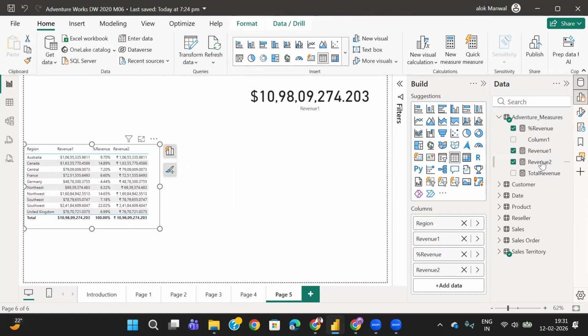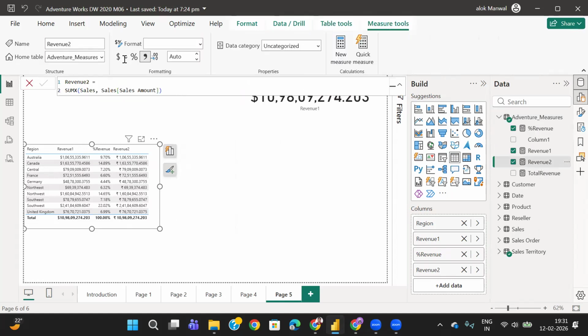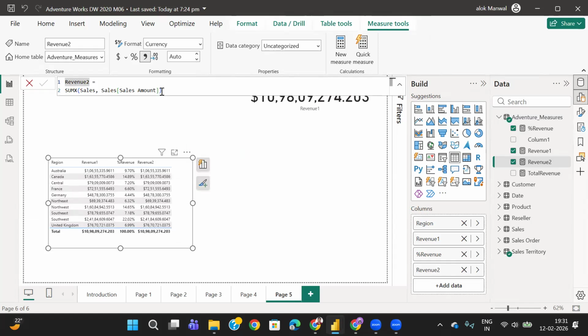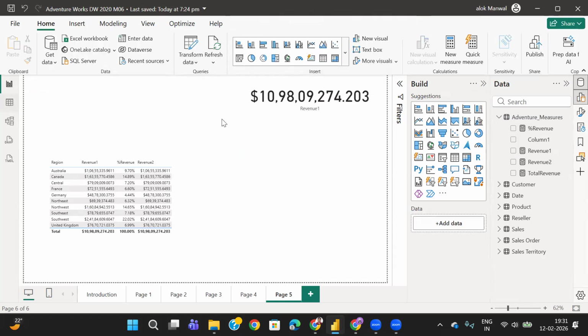Here is the second one. Let's make this second revenue measure more complicated, so we can understand SUMX more clearly.